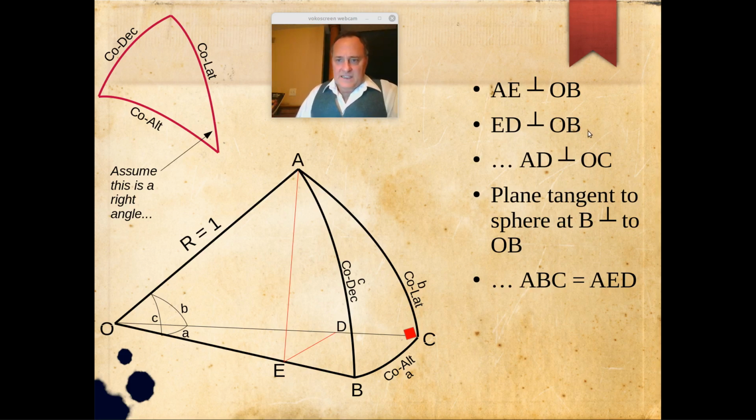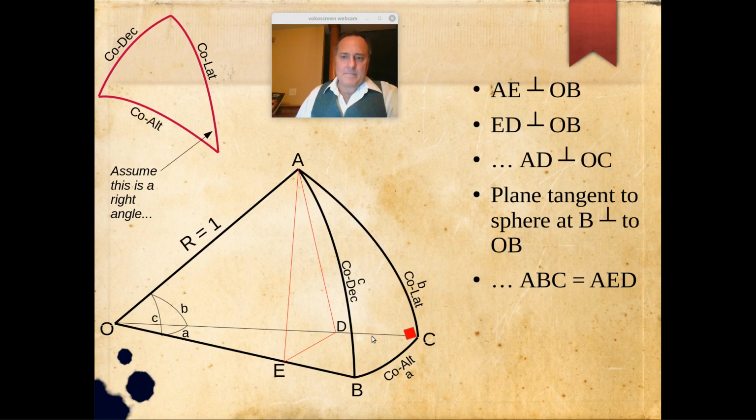And the next step in our construction is to create AD perpendicular to OC. Here's OC, and we're going to create AD, and it's understood to be perpendicular to OC. And that means that this angle here is right, that's ADO, and ADC is a right angle.